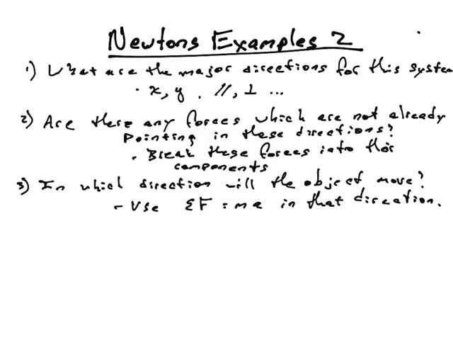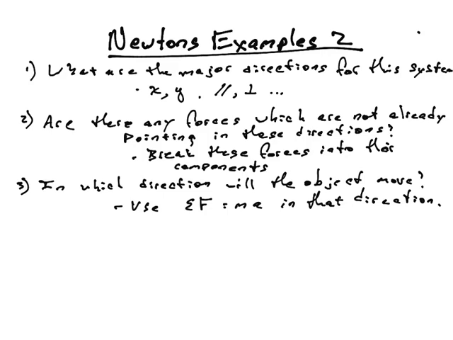Given you now know that, look at all the forces. Are there any forces that are not already in those directions? If there are no forces that are not in that direction, that is to say, all the forces are in those directions, then step 2 is done. However, if there are some forces which do not already line up in the major directions, that's when you do your components.